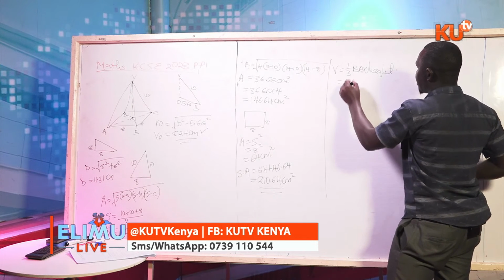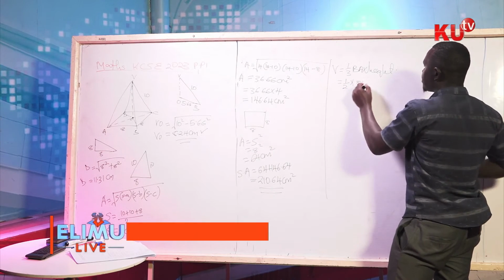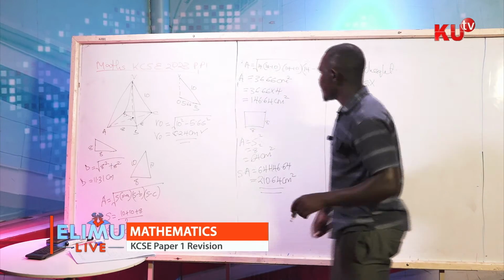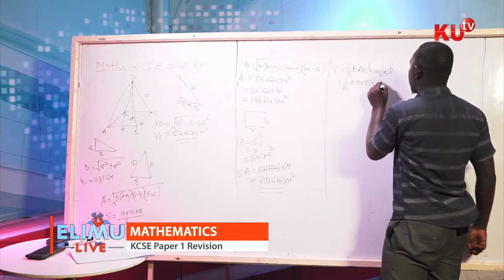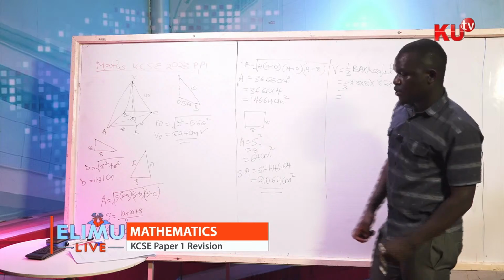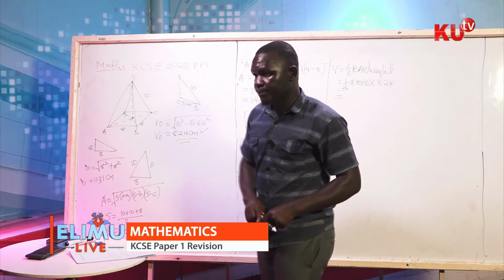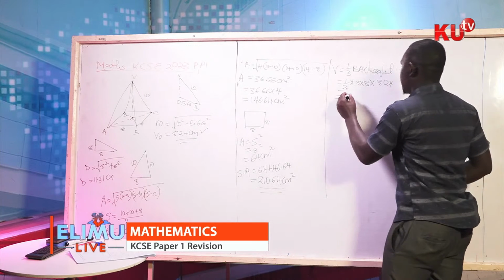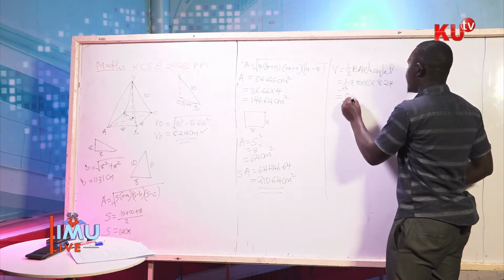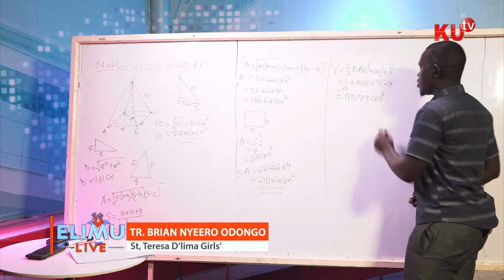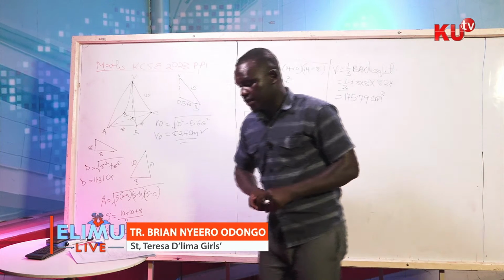So this is a third, base area is simply 8 times 8, times the vertical height which we got in this question, that is 8.24. When you compute that smartly, you'll be getting 175.79 cubic centimeters.